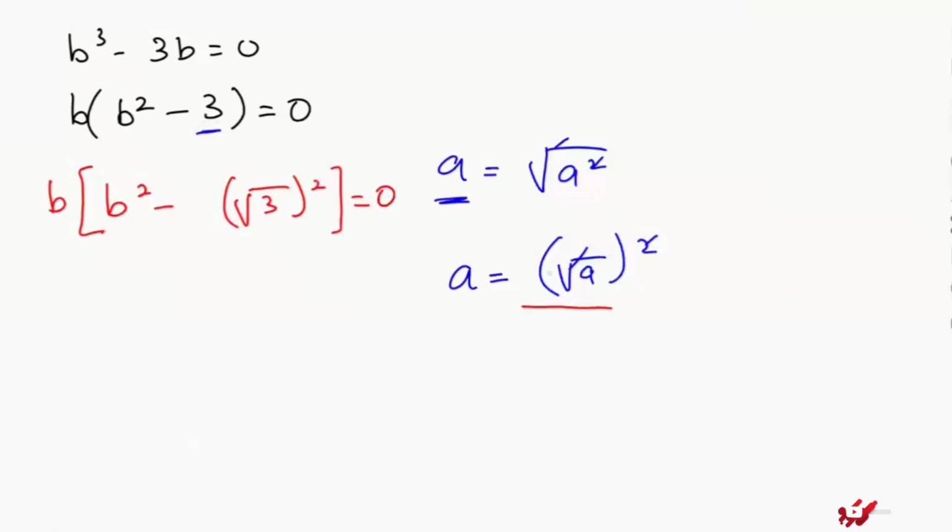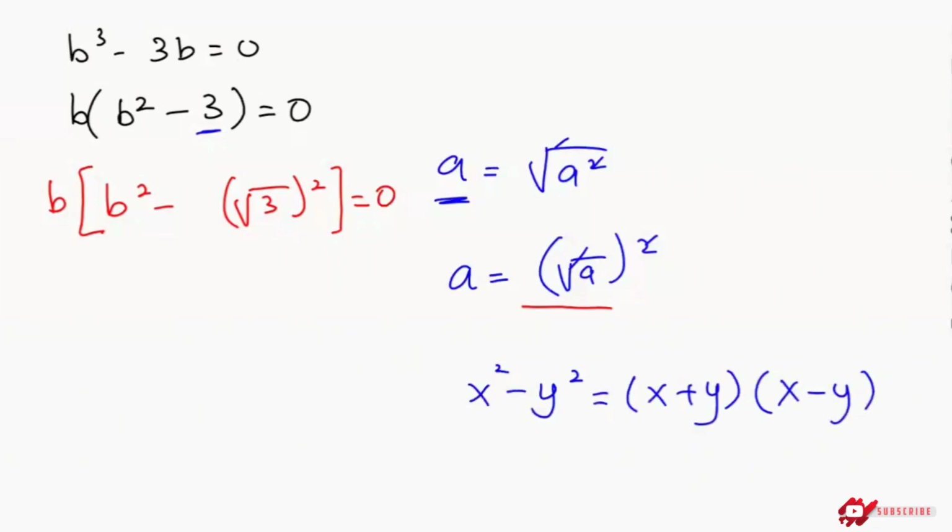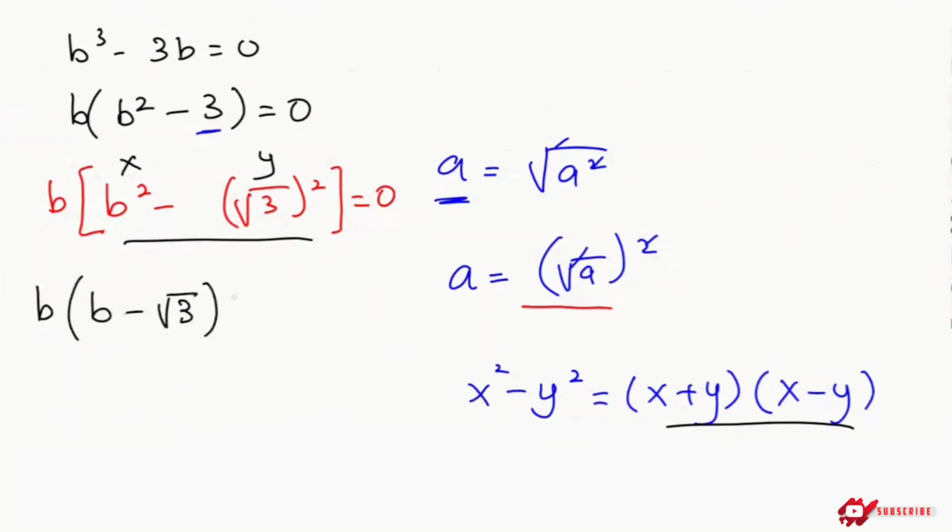Now I will apply the algebraic identity, that is x square minus y square is equal to x plus y and x minus y. Now here I will apply this, and this is our x and this is y value. Now we're going to write b, and b minus root 3, b plus root 3 is equal to 0.